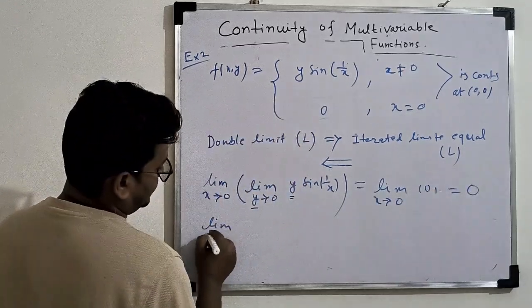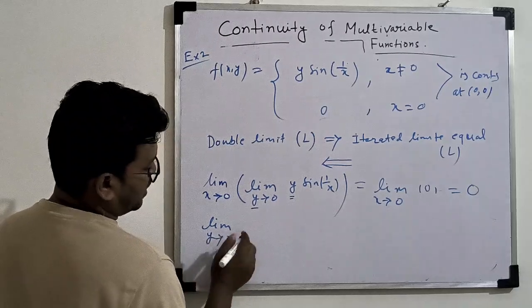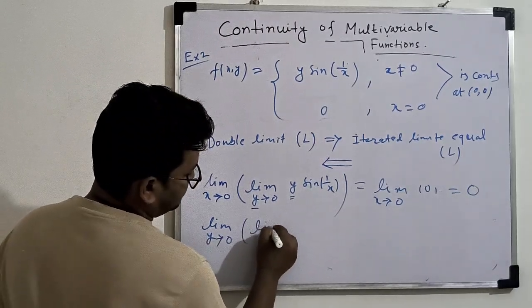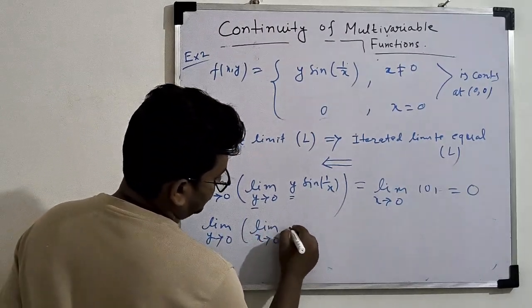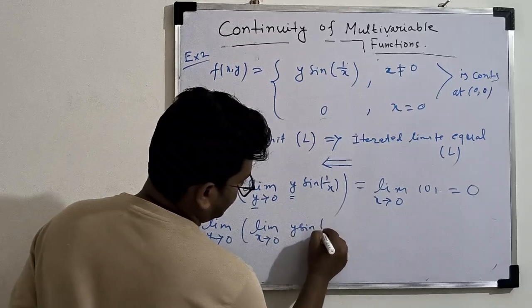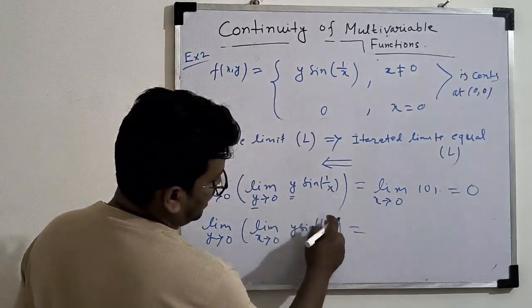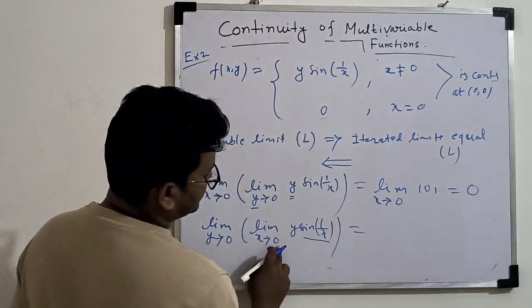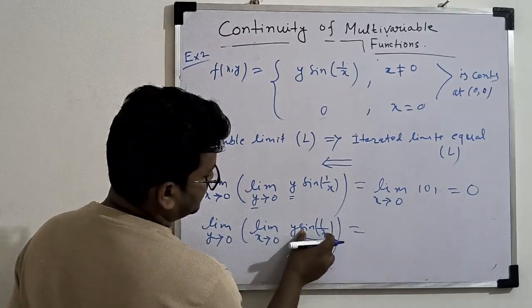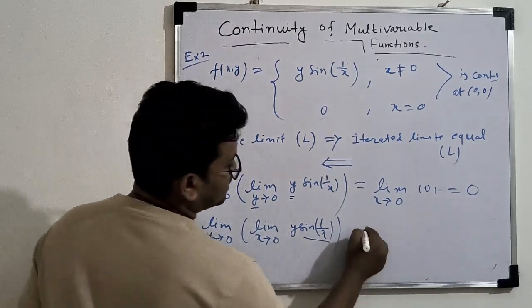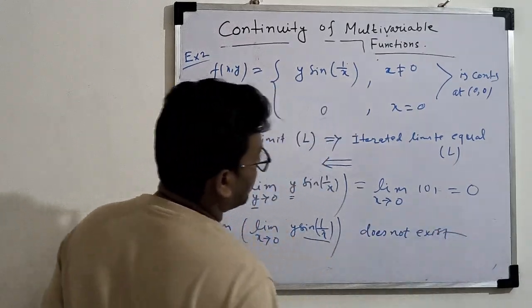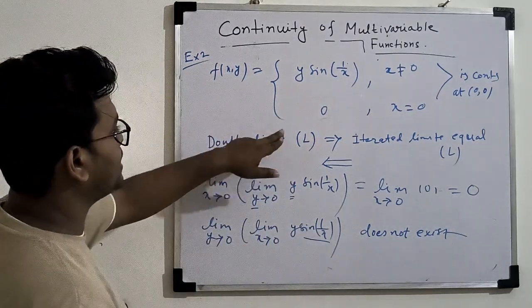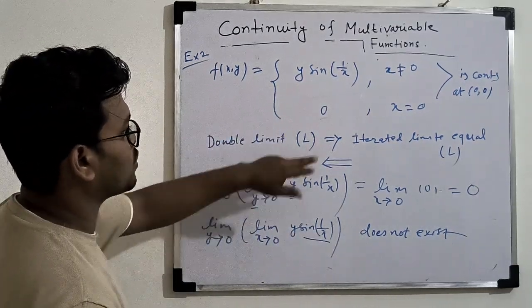But if we find this limit taking first x tends to 0 and then y going to 0, then y sin(1/x): as 1/x does not have a limit at x tends to 0, this does not exist, and therefore this limit does not exist. But we have proved that the double limit for this function exists and is equal to 0.